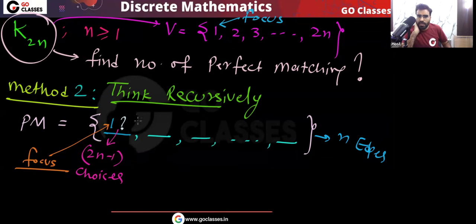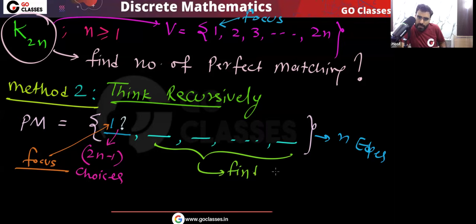Now, after that, how many vertices are remaining? Here I need a perfect matching in the remaining 2n minus 2 vertices. Yes or no?